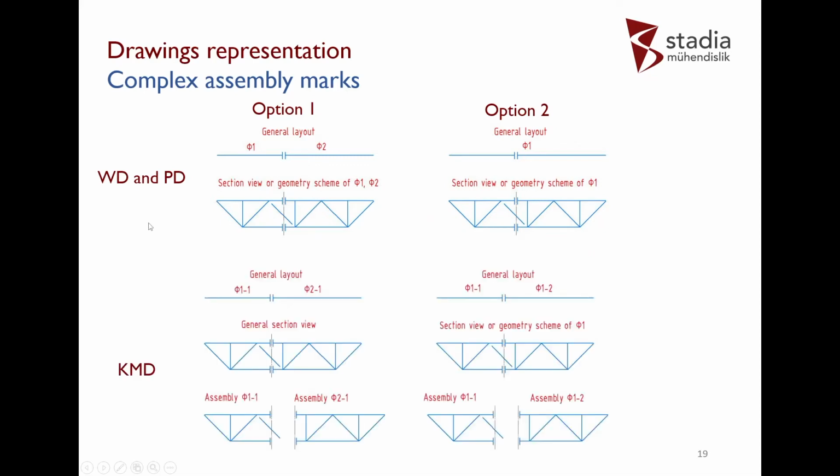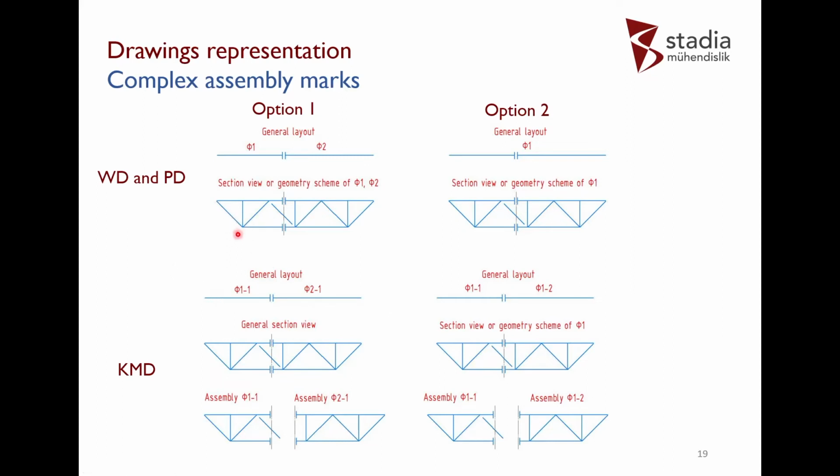And according to the working and project documentation stage, we should name these marks in KMD similar to marks in the working and project documentation. For example, if we have F1 here, we should add an additional postfix to make this mark unique. For example, we have two different marks.